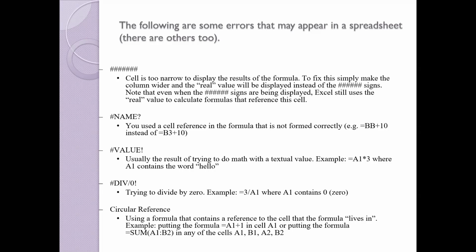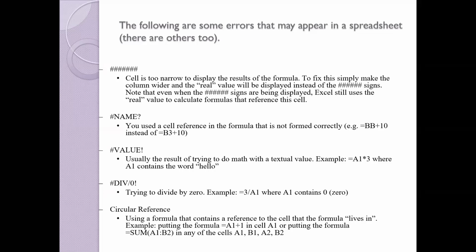Now, the third error, the pound sign value, is usually the result of trying to do math with a textual value. Let's say A1 contains text and you multiply it by 3. Instead of getting the value of 0, your output will be the word value.